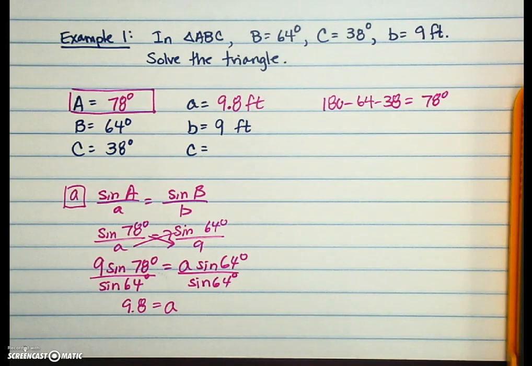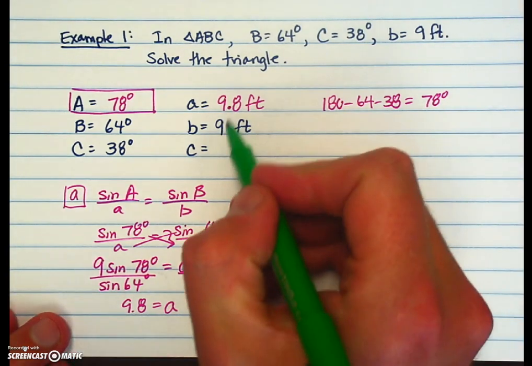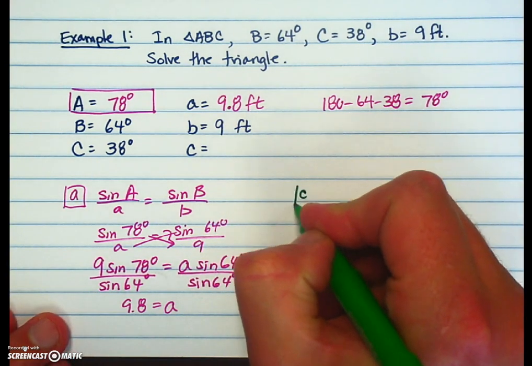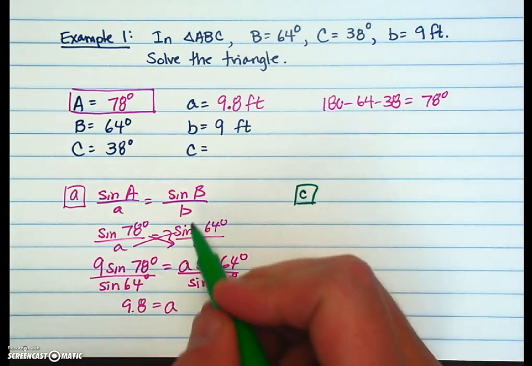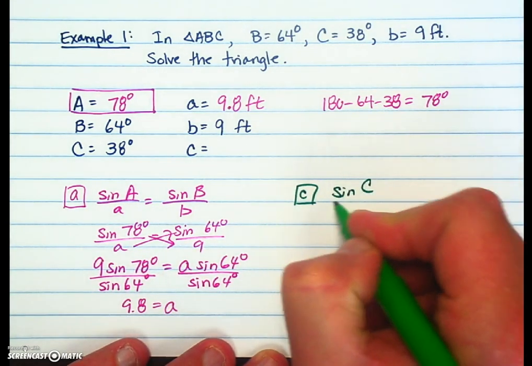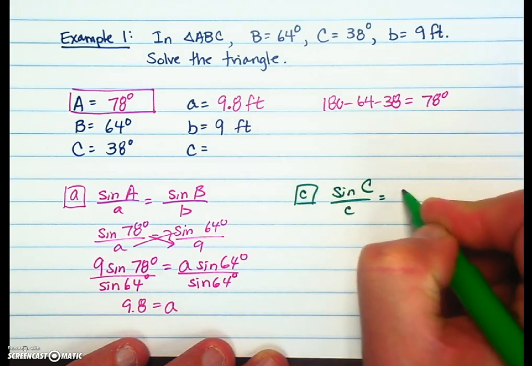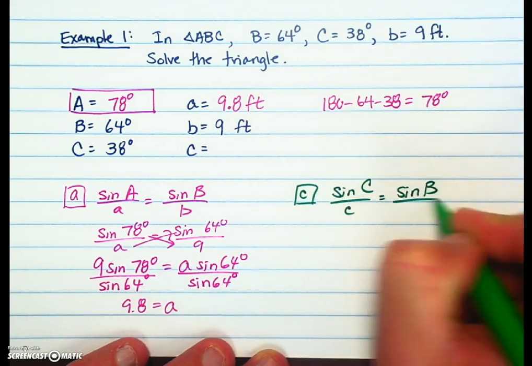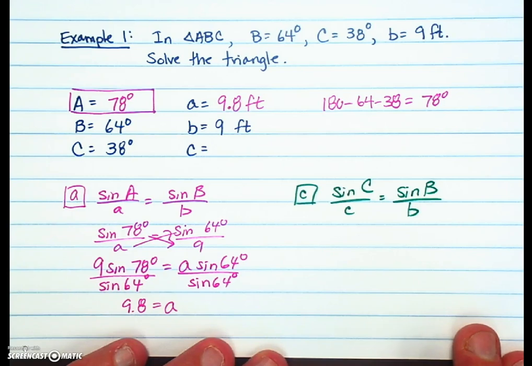Now I have to go into it again for c, because you can't use the Pythagorean theorem since we do not have a right triangle. So I'm going to do the exact same problem, except I'm going to say sine of capital C over lowercase c equals sine of capital B over lowercase b.